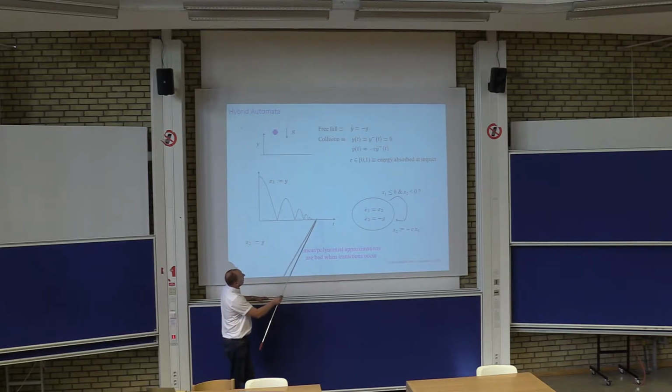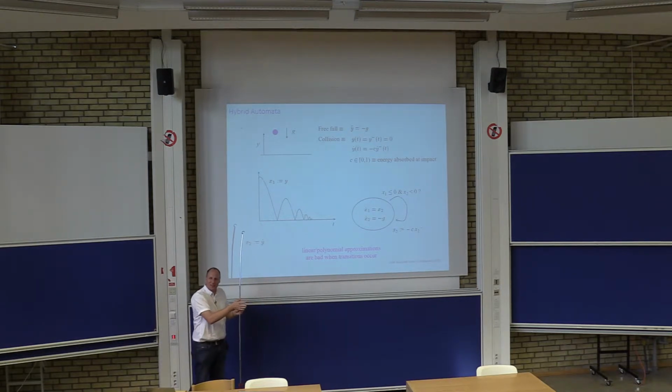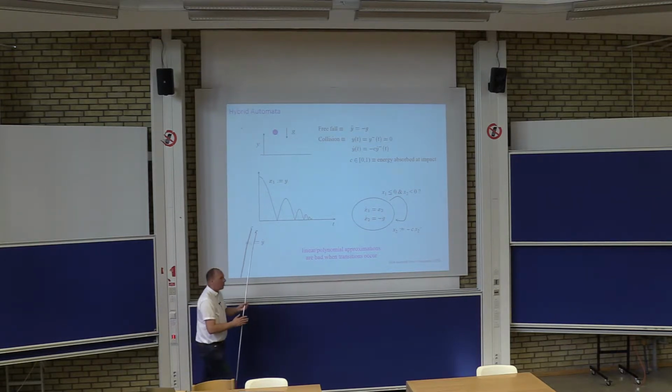There will be some finite time within which we will have an infinite number of bounces. Of course, if you try to simulate an infinite number of bounces in finite time, you will have problems. So basically it means that the model is not defined beyond this time.